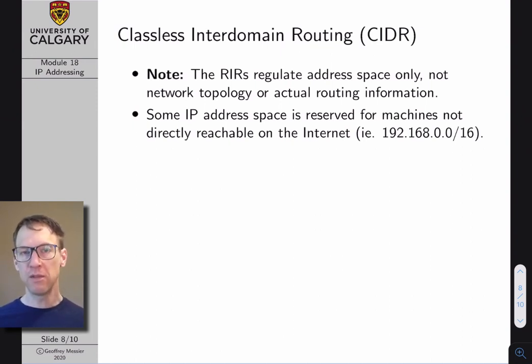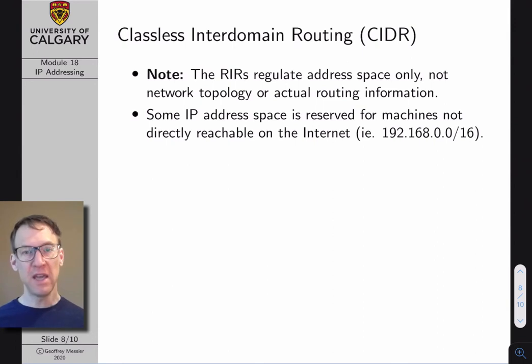The only thing that is being centrally controlled is how addresses are assigned and distributed across the internet. So there is a central authority that says, okay, here's a block of addresses that Canada gets to use. Here's a block of addresses that Australia gets to use. Here's a block of addresses that TELUS gets to use, and then TELUS can decide how to use their block of addresses to assign it to their customers.